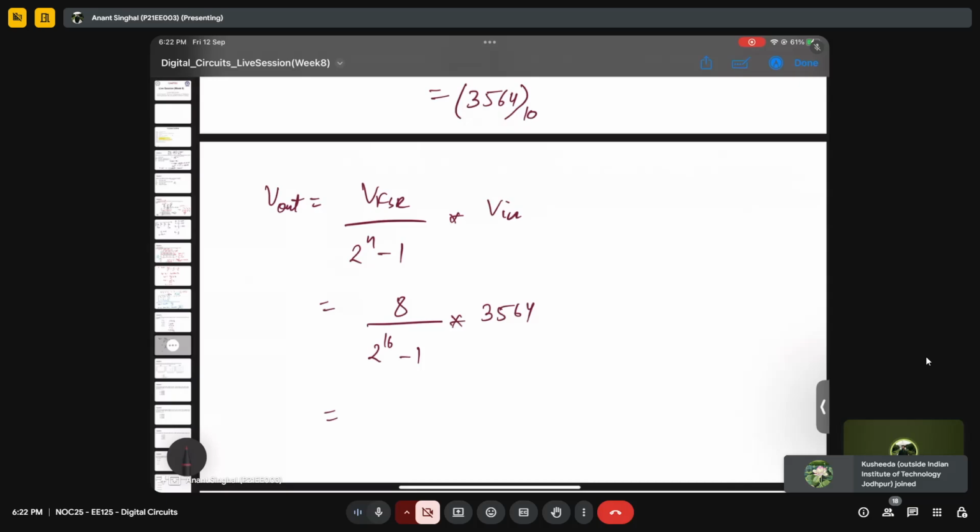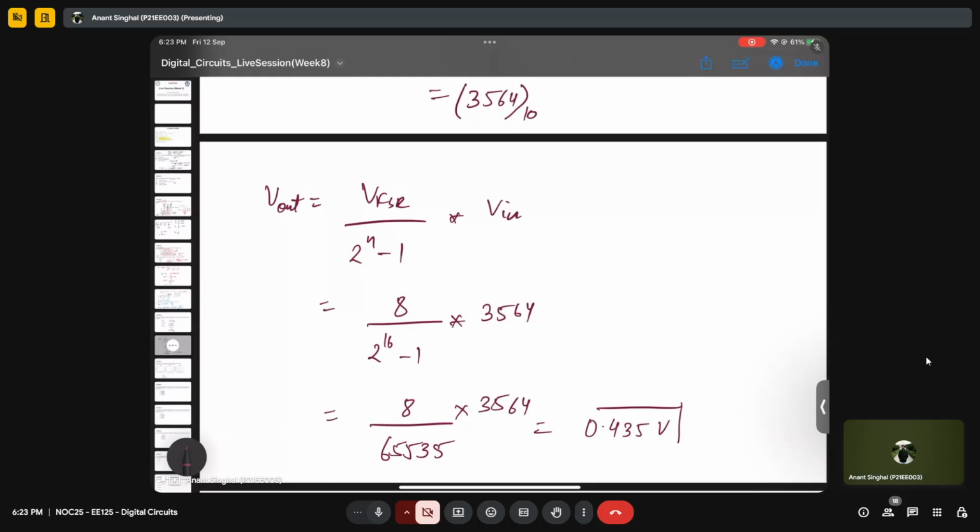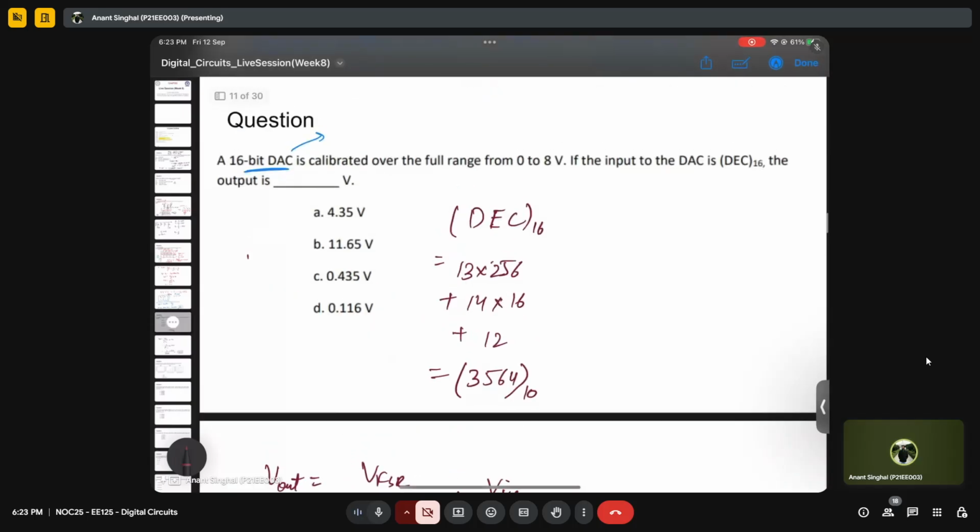Again, you can use your calculator. So 2 raised to the power 16 minus 1 is 65535. 8 times 3564 is 28512. It's somewhere close to half. Yeah, so it's coming out to be 0.435 volts, which is option C.